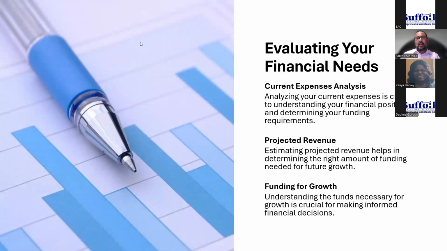So the first thing that you need to keep in mind as a business owner, when you are looking for financing, is you have to evaluate what is that financial need that you have. Make sure that you know what your current expenses are. Analyze your expenses so that you can understand your financial position and determine what is the funding requirement.